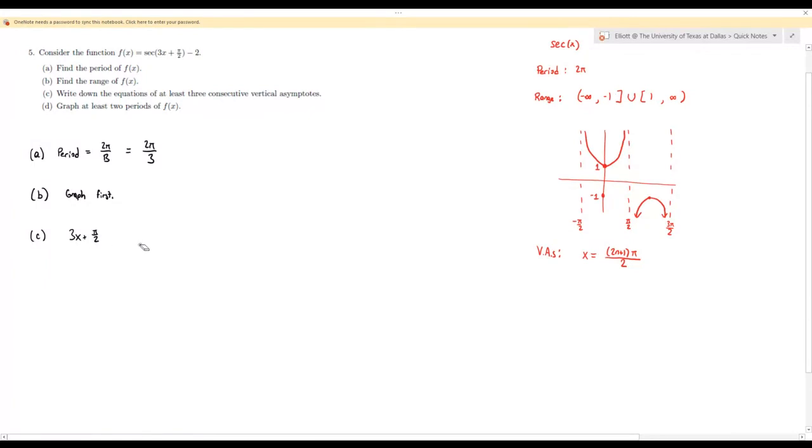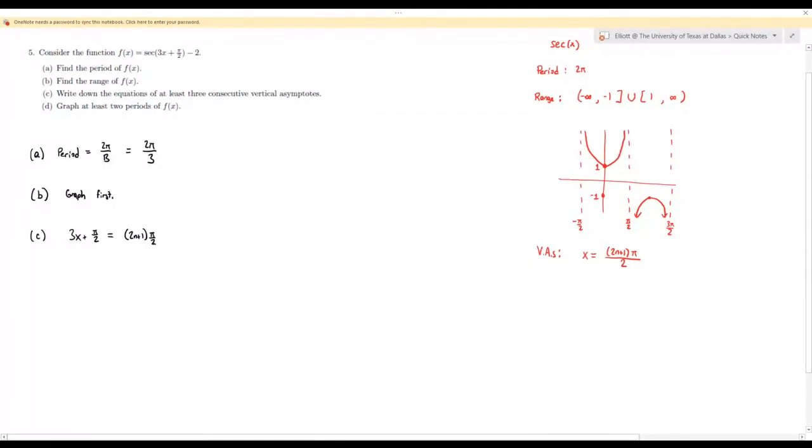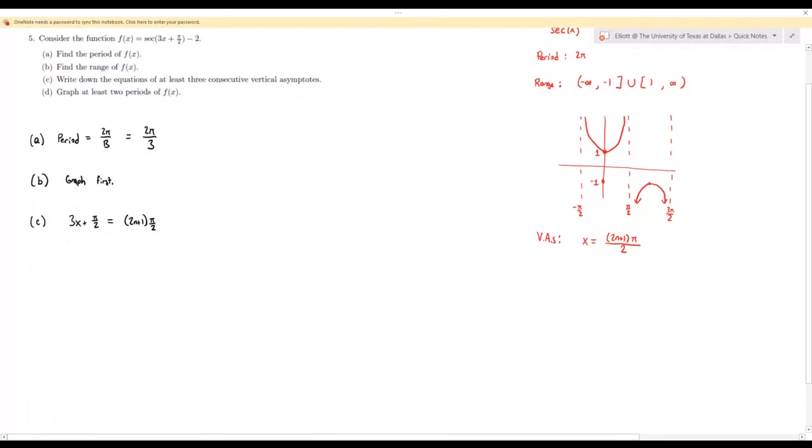And I'm going to set that equal to where the ordinary secant function has vertical asymptotes. So you can set it to this general formula. Okay. And then from here, to get the equations, you want to actually solve for x now. So the first thing I would do is maybe subtract pi over 2 to the other side.